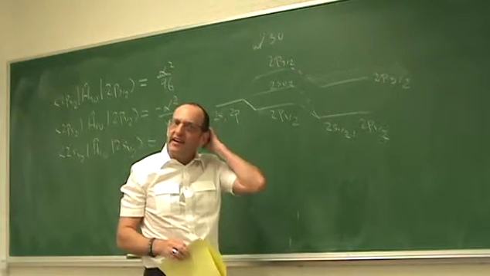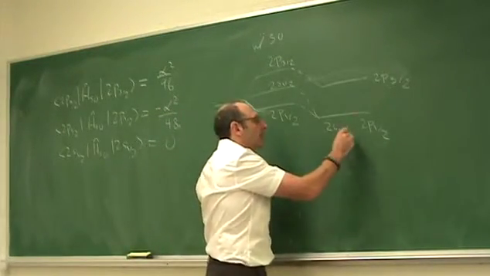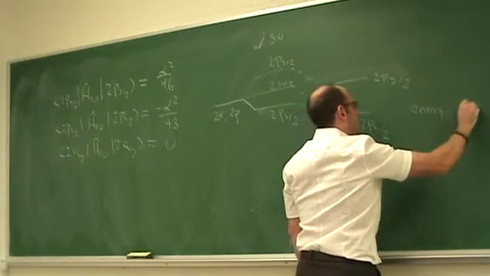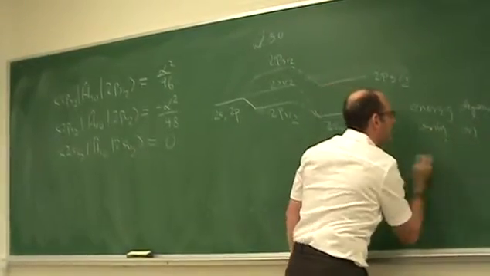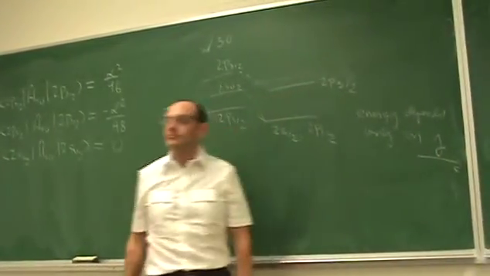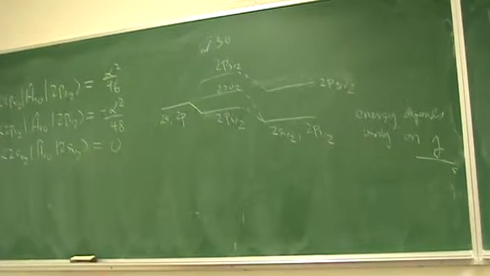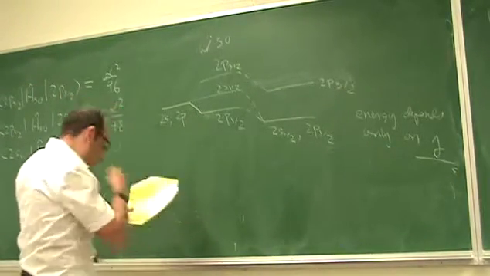Why? Well, the reason here is that the energy depends only on J, as it must, because the total angular momentum of the electron is conserved here. We had our spherical symmetry, and we had the Dirac equation.